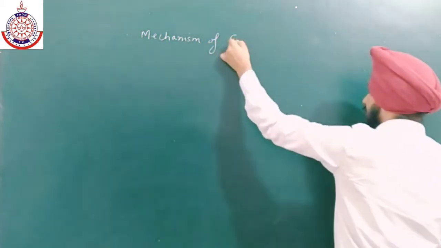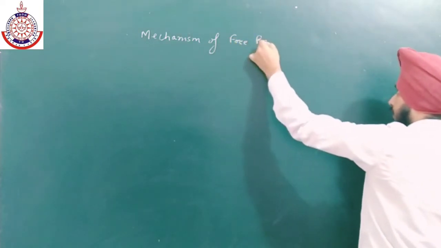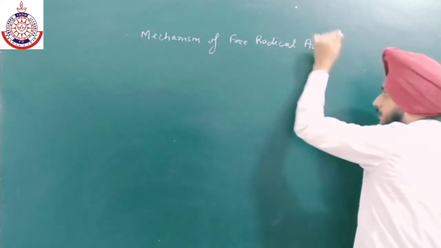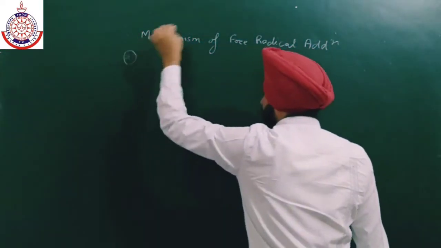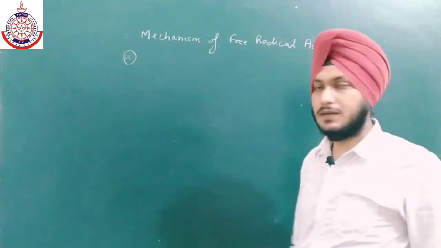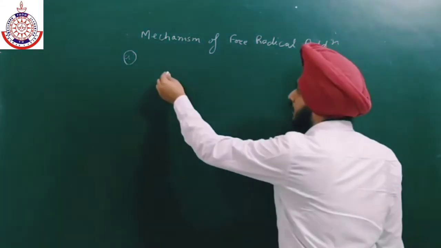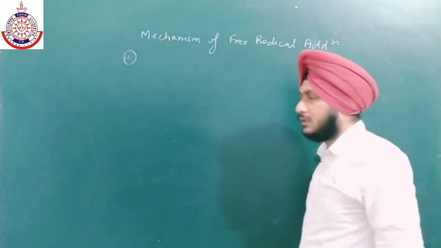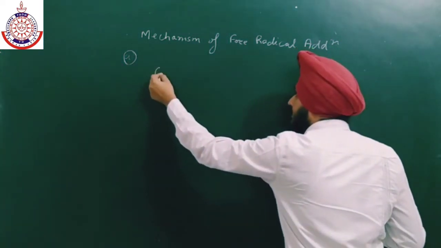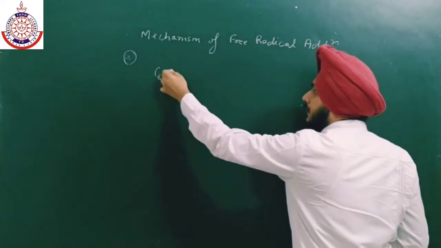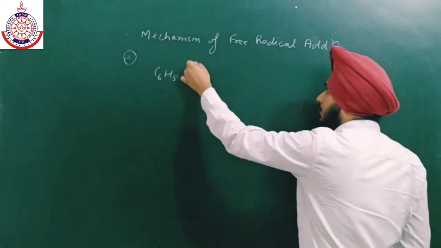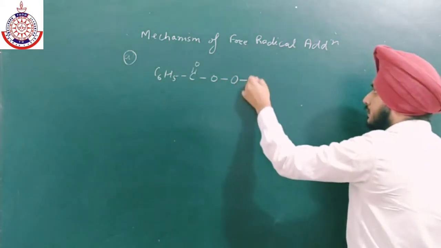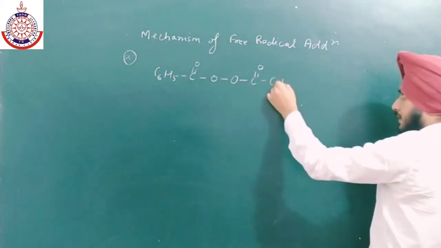I am taking benzoyl peroxide, or you can take any peroxide. Benzoyl peroxide is C6H5, C double bond O, and we have O over here. So this is the benzoyl peroxide.